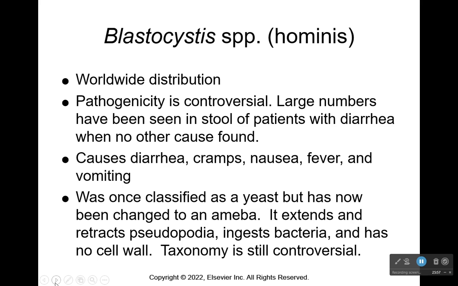They've now changed it to an amoeba. It does have the pseudopodia like the other amoeba, that it extends and retracts. It ingests bacteria. It doesn't have a cell wall. They're still studying it though. It's still very controversial on where it should be placed and what category it should go into.